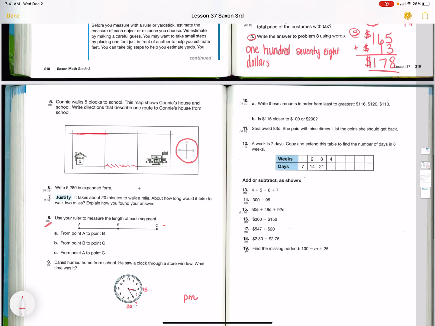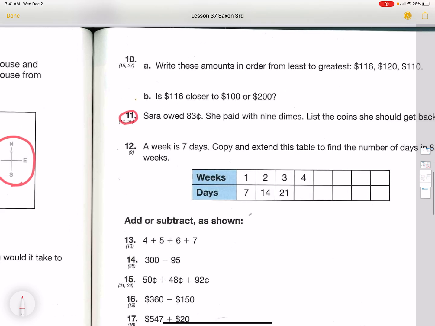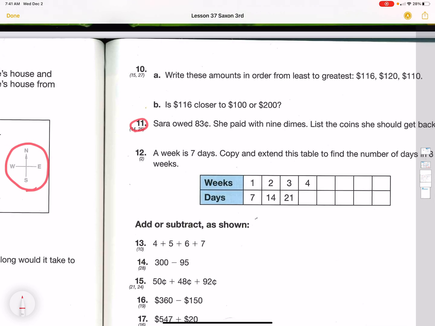All right. Least to greatest. That's rounding. That's okay. Oh, number 11. Sarah owed 83 cents and she paid with 9 dimes. List the coins she could get back. This is a 2-step problem at least. We need to know what 9 dimes is. That's 9 tens. So it's 90 with a decimal and 83 with a decimal. And we're subtracting.